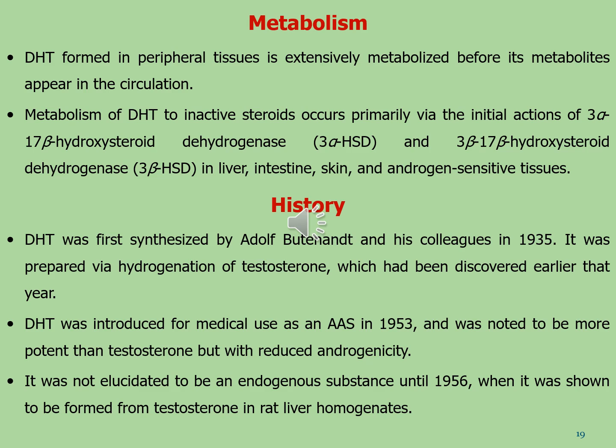Dihydrotestosterone was introduced for medical use as an AAS in 1953 and was noted to be more potent than testosterone but with reduced androgenicity. It was not elucidated to be an endogenous substance until 1956, when it was shown to be formed from testosterone in rat liver homogenates.